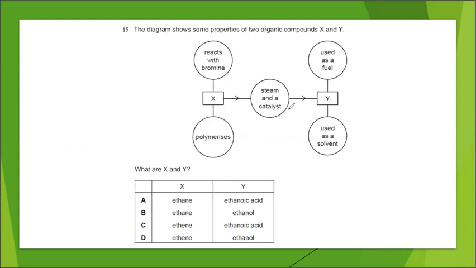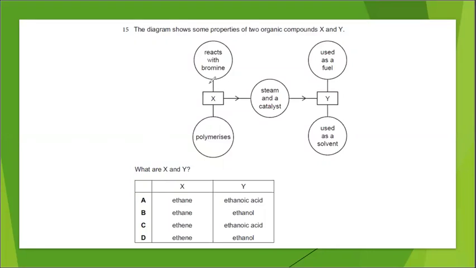The diagram shows some properties of two organic compounds, X and Y. X reacts with bromine and it can also polymerize. X in the presence of steam and a catalyst produces Y. If X reacts with bromine, then X is most likely an alkene, because only alkenes can react with bromine to give you a colorless solution.